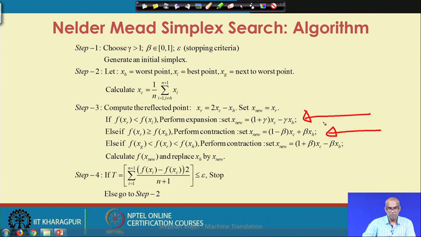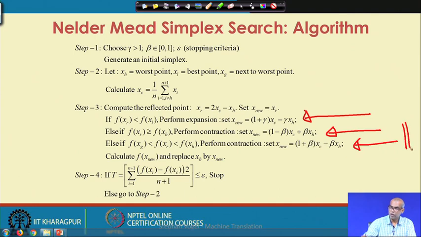Else if the function value at the reflected point is less than the function value of the worst point, but higher than the function value at the next to worst point, we again perform contraction as xnew equal to (1 plus beta) xc minus beta xh.